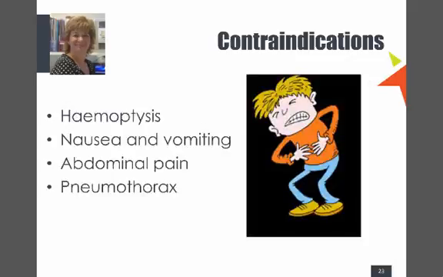Obviously, someone's hemoptysis, nausea and vomiting, abdominal pain, and pneumothorax, you probably wouldn't know whether someone's got a pneumothorax, but be warned, don't do spirometry on anyone who is all of a sudden short of breath and has got a lot of pain, especially if they are a young, tall, skinny male, before someone has done an X-ray.